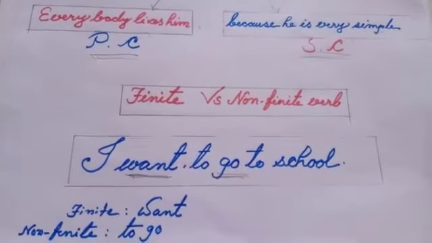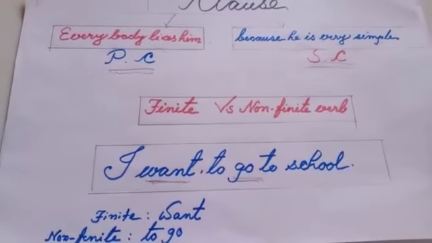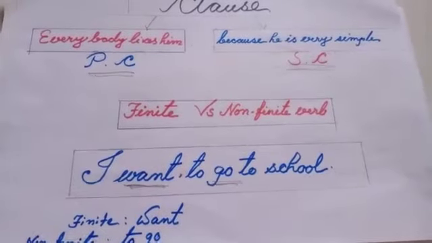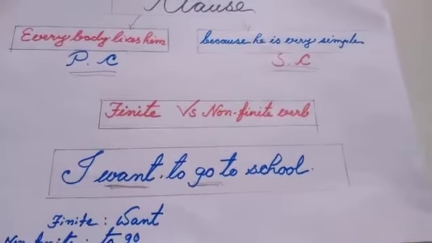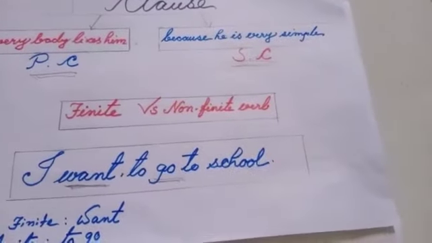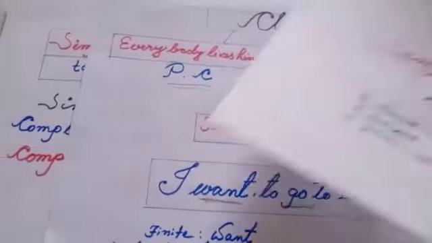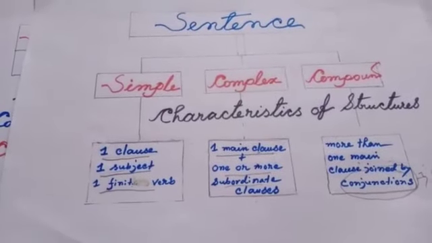If you are not clear about the structure of the sentences, then it will be very difficult for you to transform the sentences. Now I am getting back to the previous sheet again. That simple sentence has one clause, one subject and one finite verb.